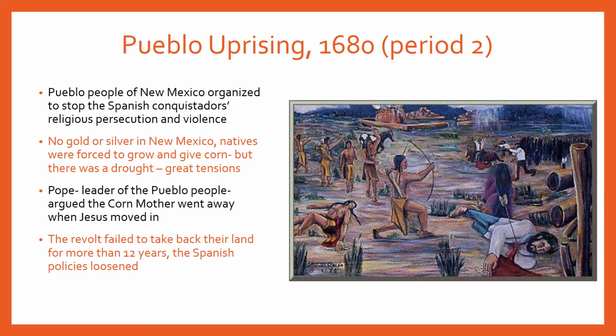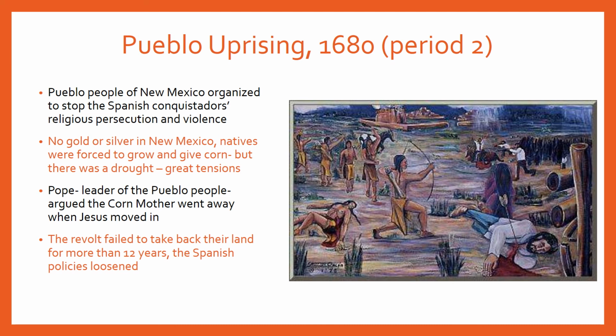This is the Pueblo Uprising. The Spanish had come into this area of New Mexico and tried to force labor. They were very, very brutal. There's stories of them cutting off feet, cutting off hands, and trying to force the religion.